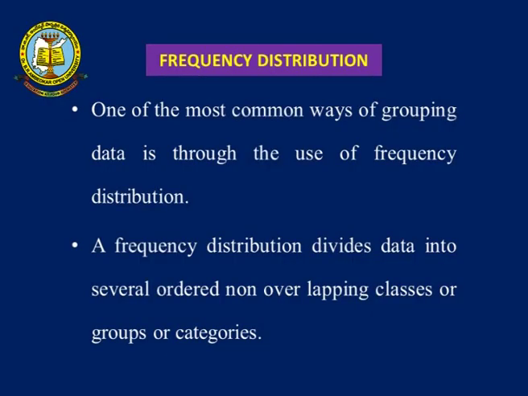Now, in frequency distribution, one of the most common ways of grouping data is through the use of frequency distribution. A frequency distribution divides the data into several ordered, non-overlapping classes or groups or categories.